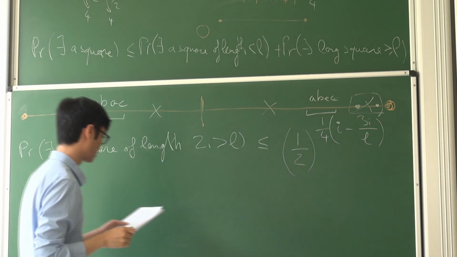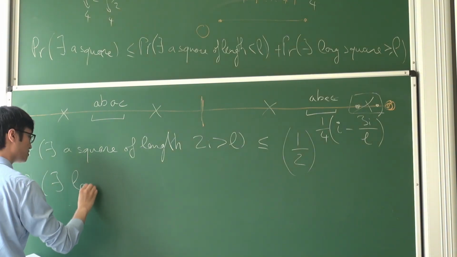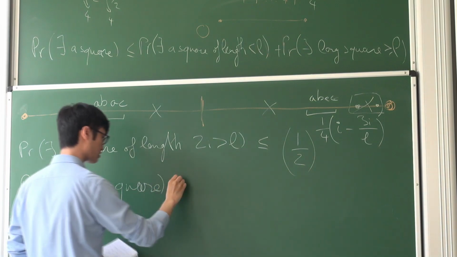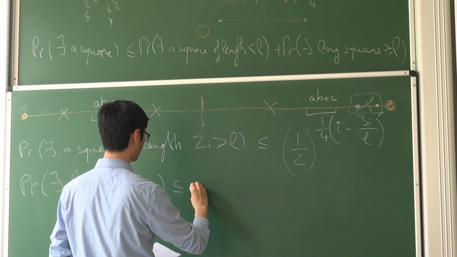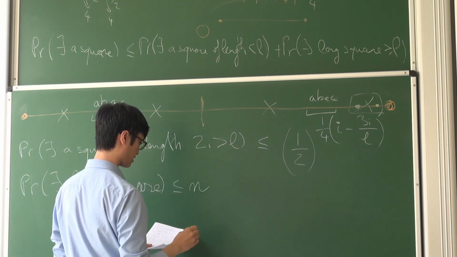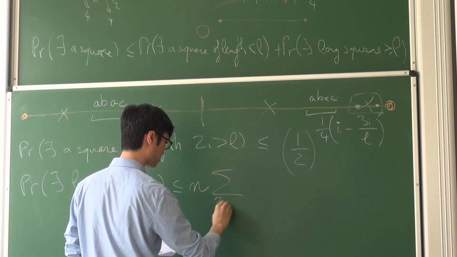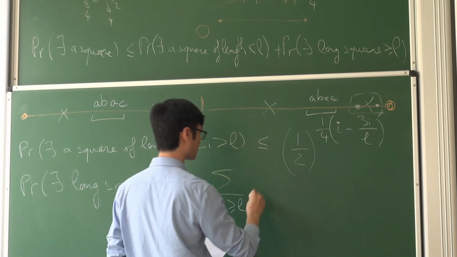Okay? And now, the probability that there exists a long square is at most, so what do I take? It can start from anywhere, I guess, and it can be of any length, at least L, and of this thing.